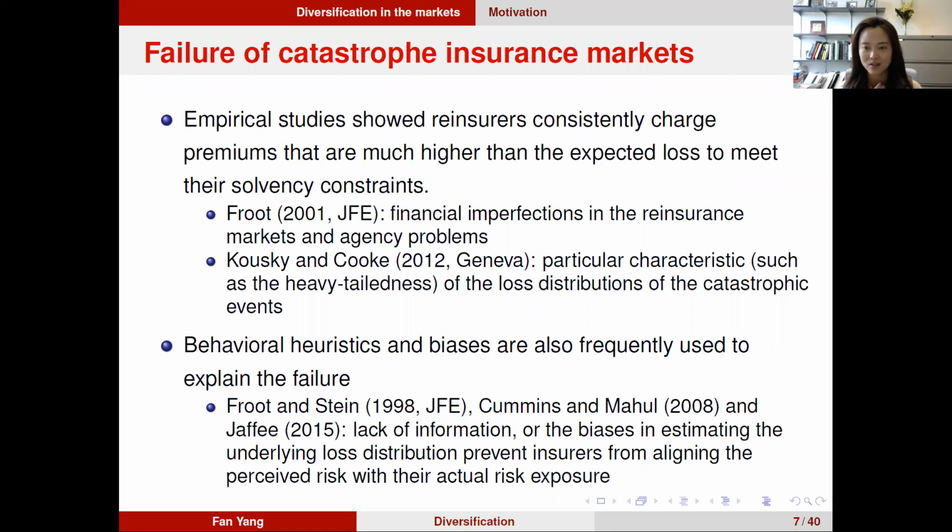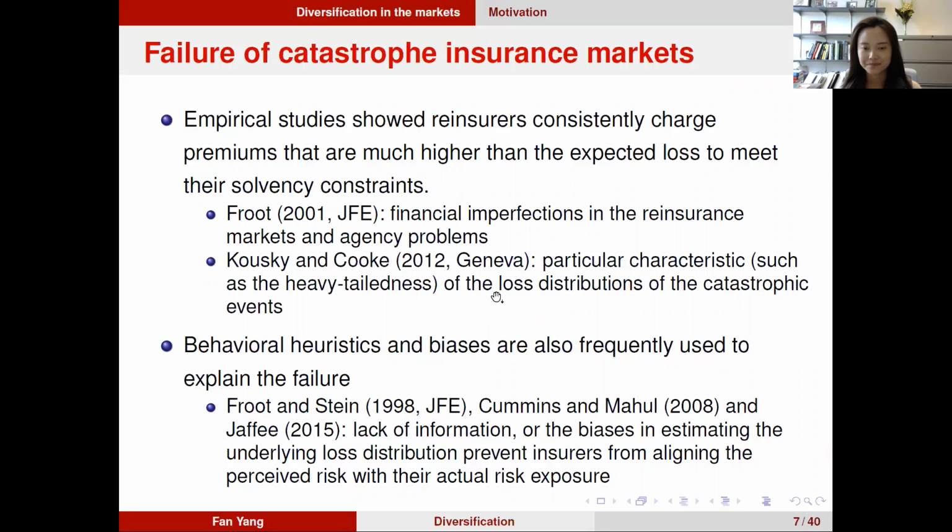That is heavy-tailedness. Because of it, such huge losses may be out of the control, or out of the ability of the company to cover. So those are two popular explanations. One is from the market side, and one is from the modeling or understanding of the losses.